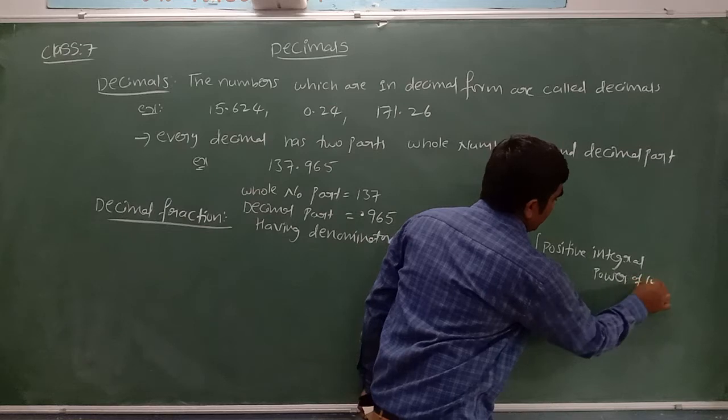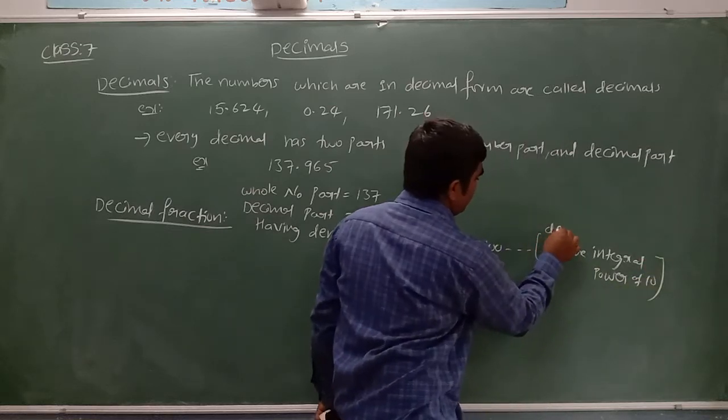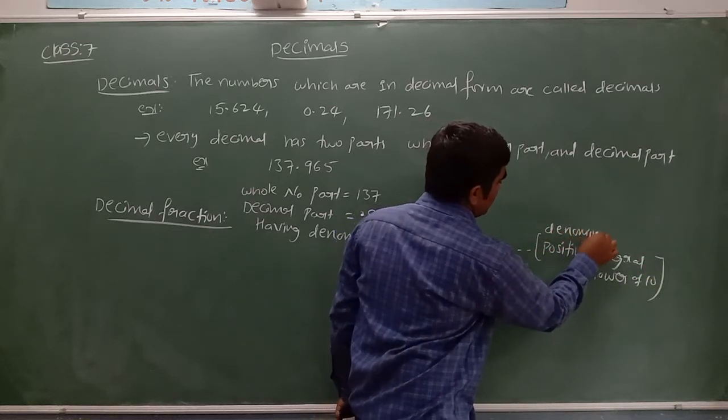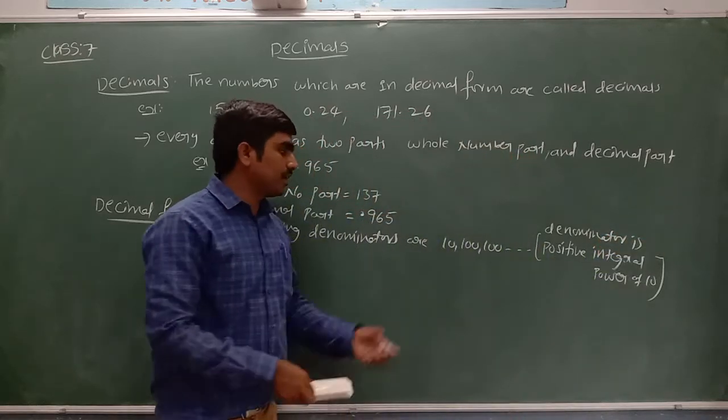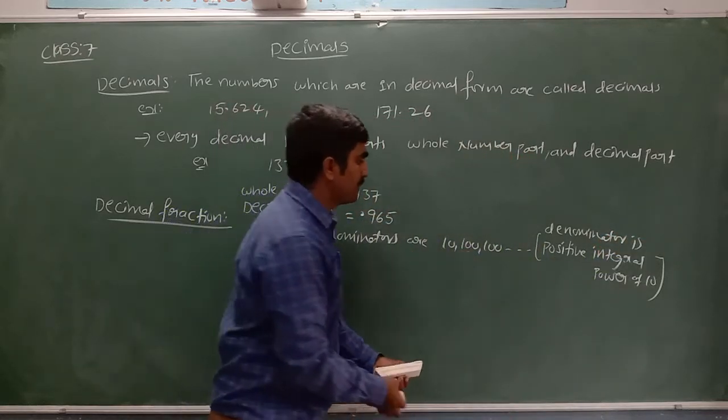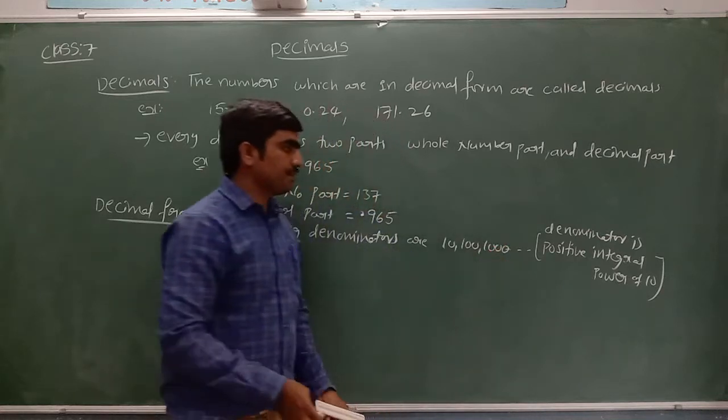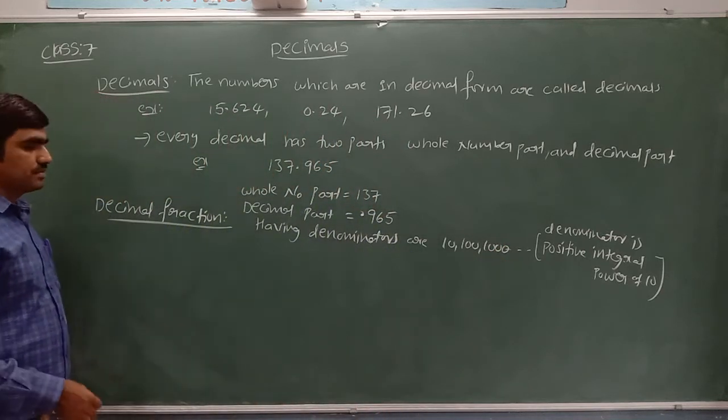If the denominator is 10, 100, 1000 like that, we call it a decimal fraction.